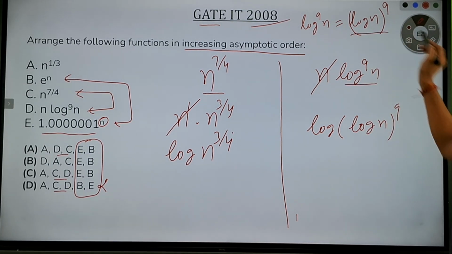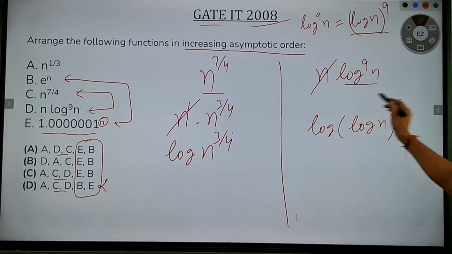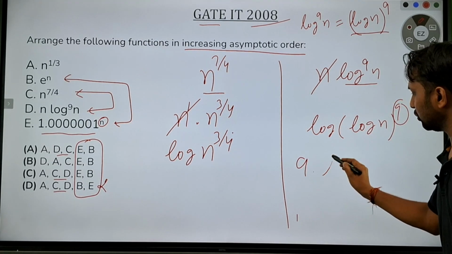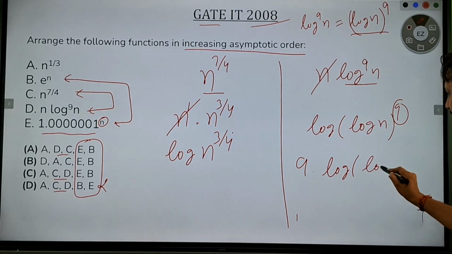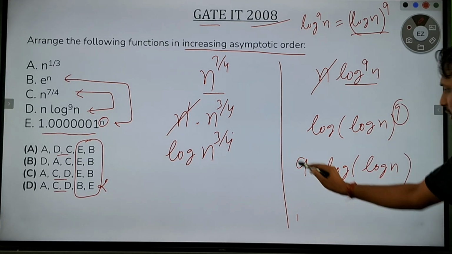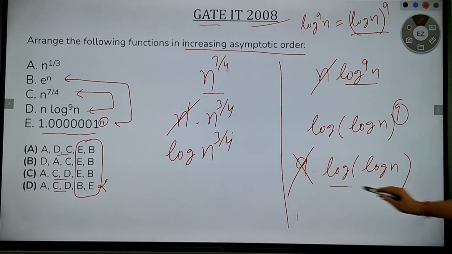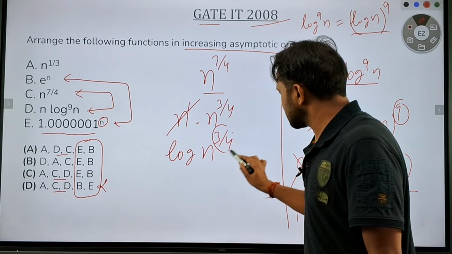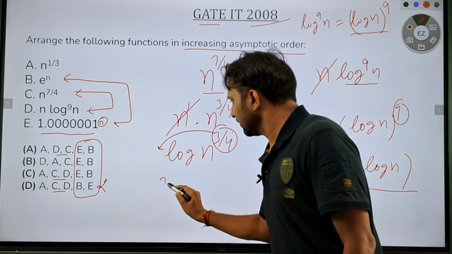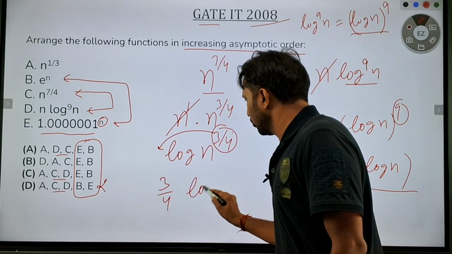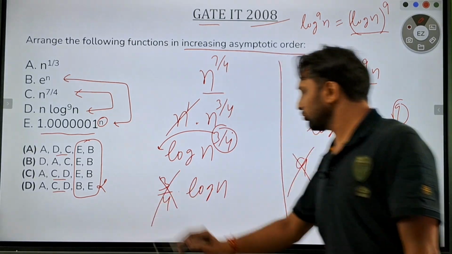Whatever is in the power will come in front. This will be 9 into log of log n. 9 is constant. And here, bring it to the front: 3 by 4 into log n, constant you can remove.